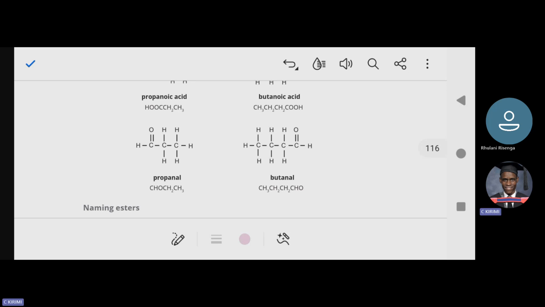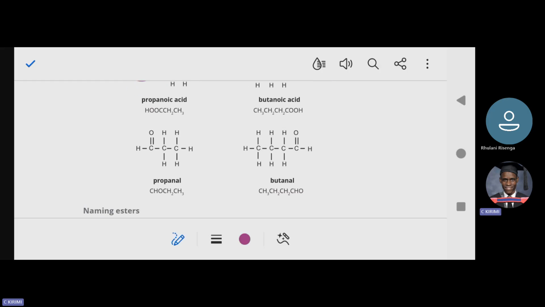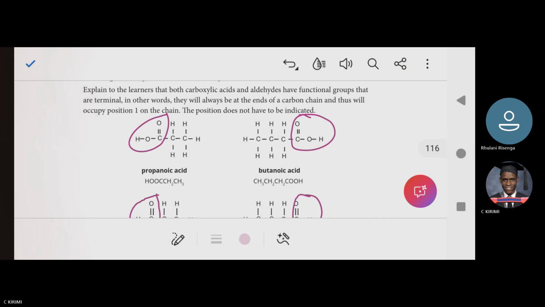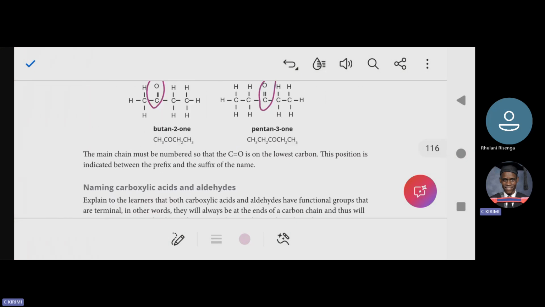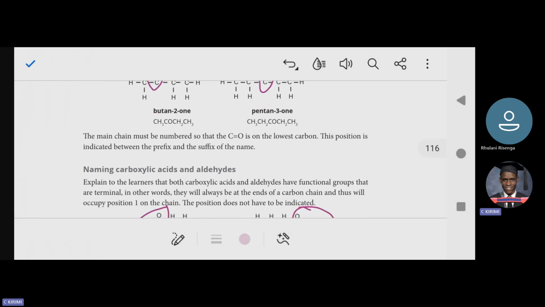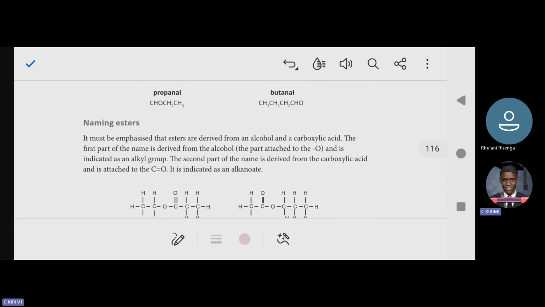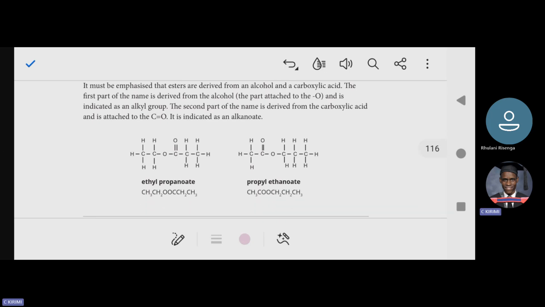Now we are here where we have removed that OH, leaving just C=O and then an H. Whenever you see C=O and then H, you know you are dealing with an aldehyde: propanal, butanal. And when you are dealing with COOH, then it's a carboxylic acid. Then you have C=O, which is a ketone. Those are the tricks when you are solving questions. Then we are having some esters.